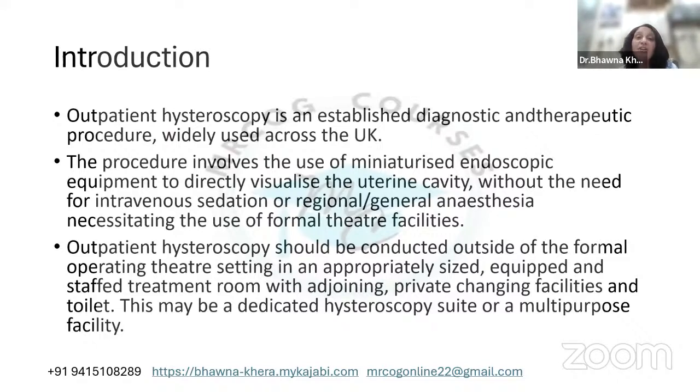But it becomes comfortable and the patient's experience becomes better if you do it outside the operation theater. So they recommend that there should be a separate, well-equipped, appropriately sized treatment room where adequate private changing facilities and a toilet are available. This may be a dedicated hysteroscopy suite or a multi-purpose facility.